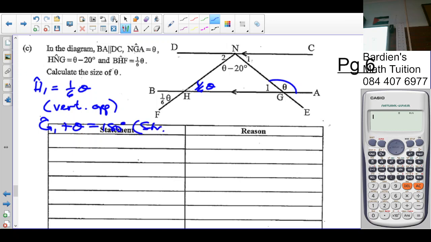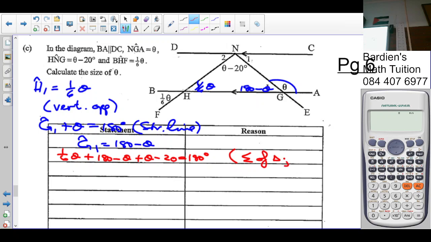It's on a straight line. So angle G1 is equal to 180 minus theta. Not so? So now we have the three angles of a triangle. We can now simply say that 1/6 theta plus 180 minus theta plus theta minus 20 is equal to 180. Reason? Sum of angles of a triangle. And this triangle NHG.